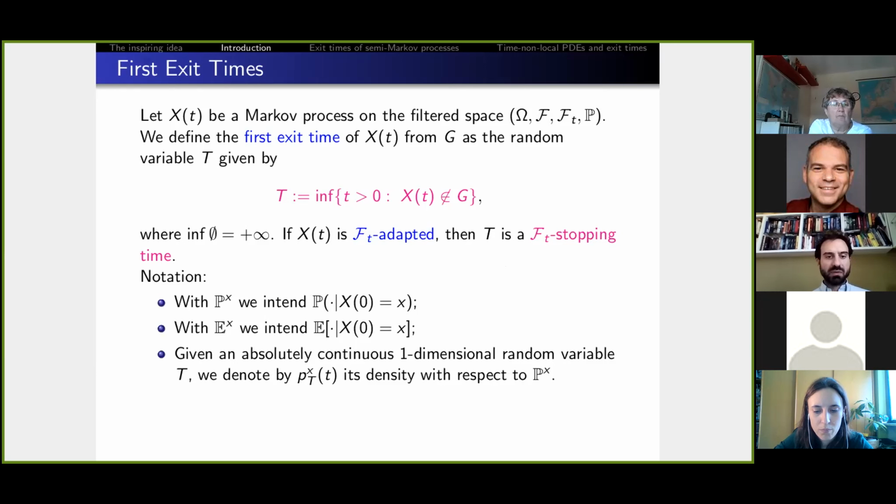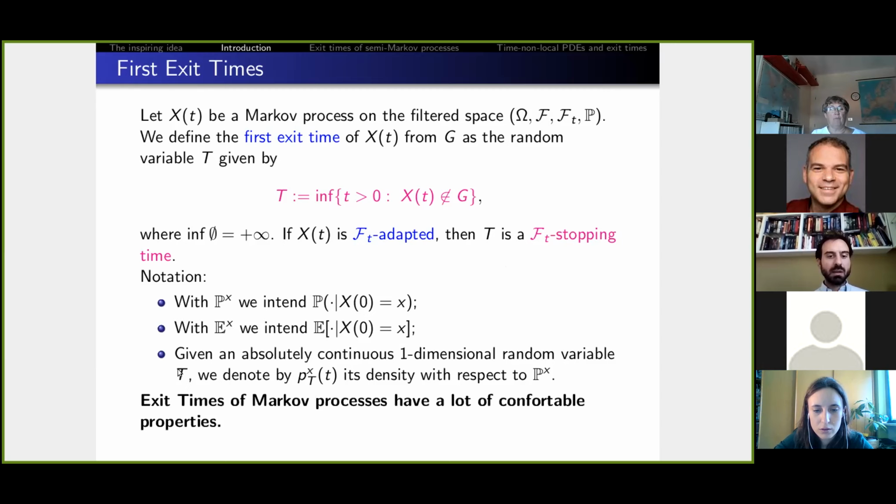In what follows, I will use the classical notation from Markov processes. When you see capital Px and capital Ex, it means that we are conditioning the process to start from x. And with the symbol P capital Tx, we just mean the density of the passage time of the Markov process. Markov processes have a lot of comfortable properties in the sense of exit times, not only for modeling.